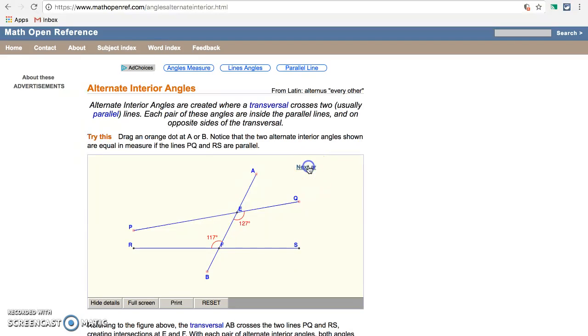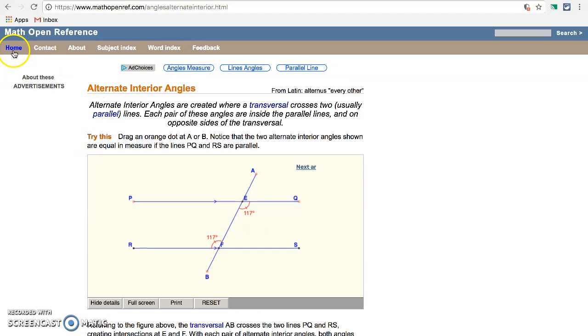And if we click on the other side, those are not the same either. So putting the orange dot back to where they're congruent to each other, you'll see that also on the 117, there's a little slash in the arc there, and that's a geometry term to indicate that the two angles are congruent to each other.